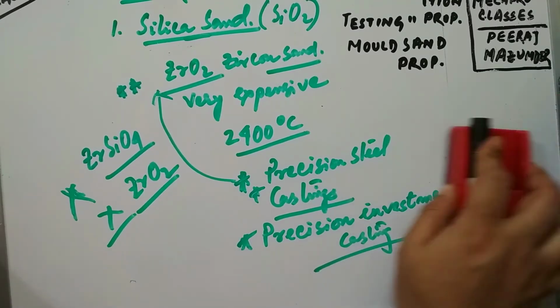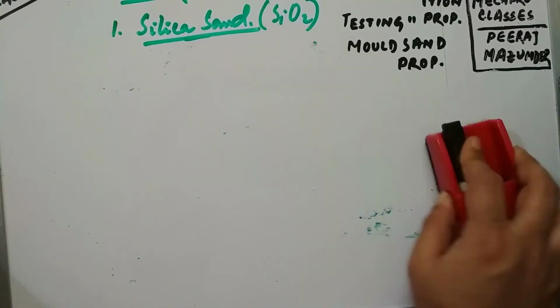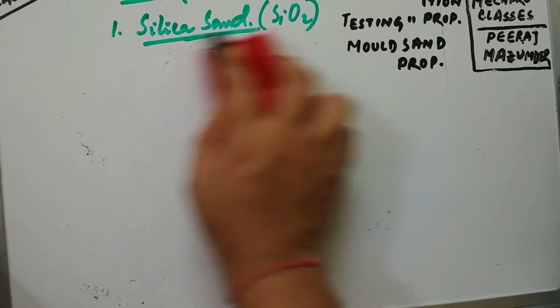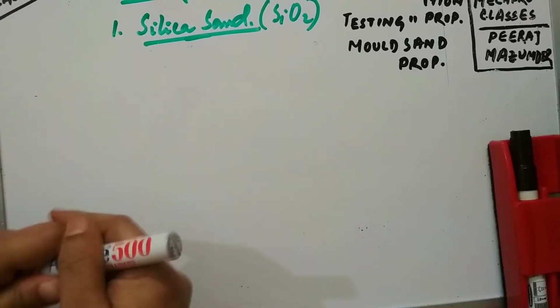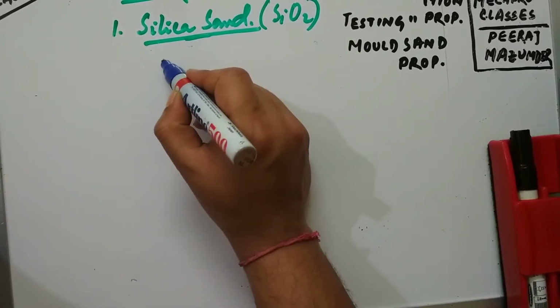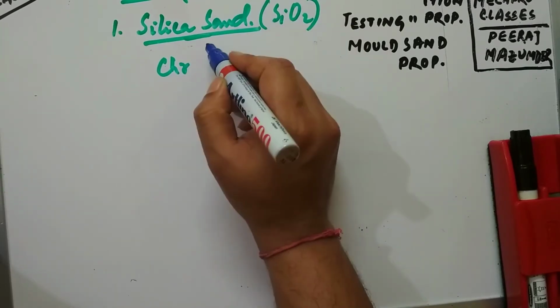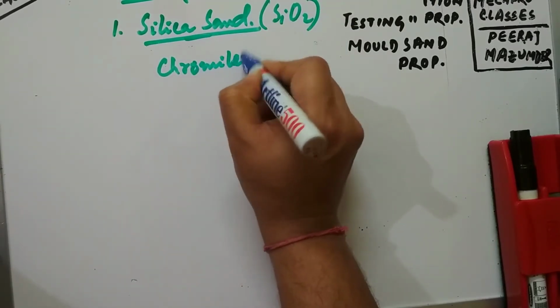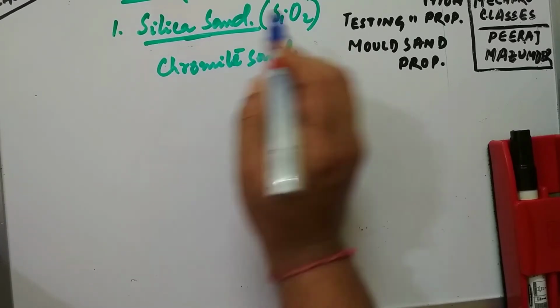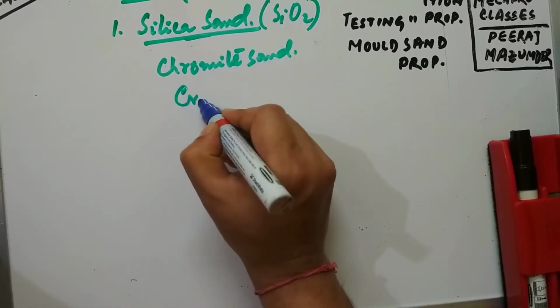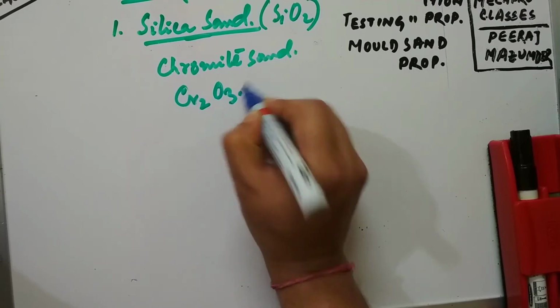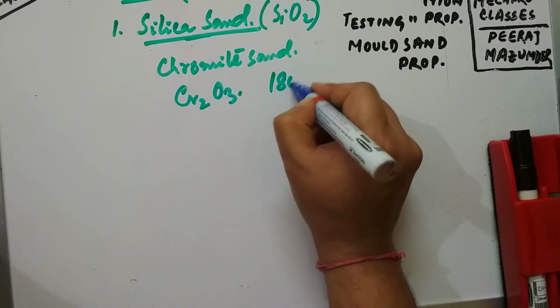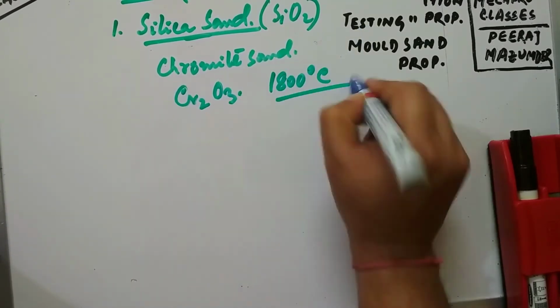Now, one more sand is also very important for your competitive purposes. That is chromite sand, Cr2O3 actually. You can write it as Cr2O3, and its fusion point is around 1800 degrees Celsius.